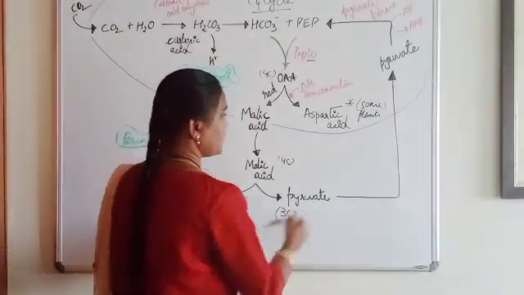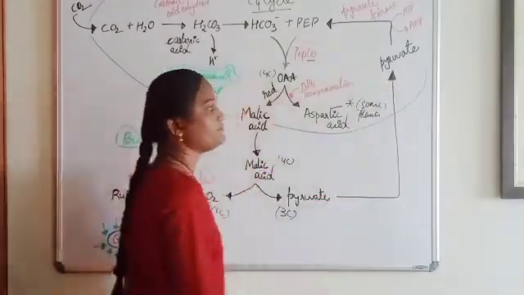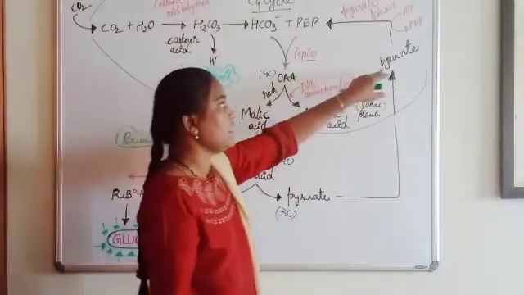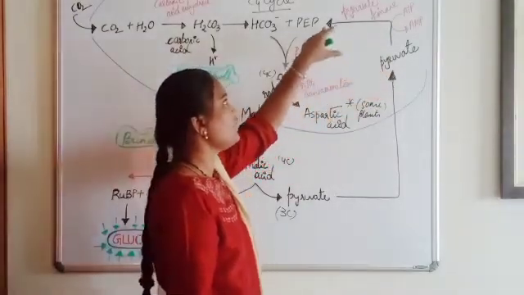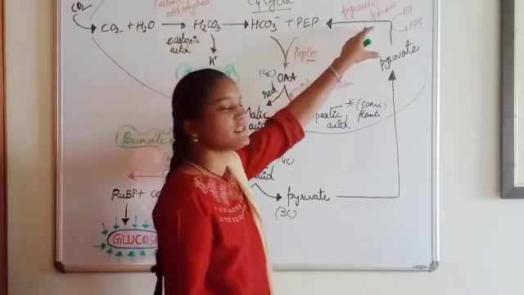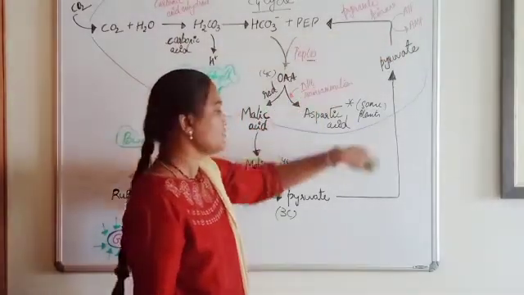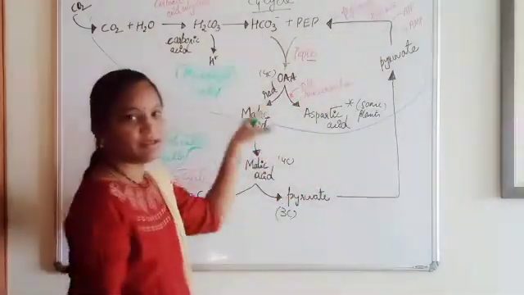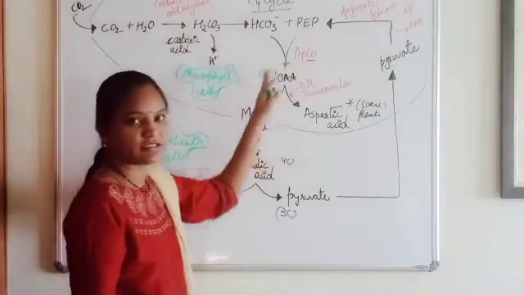Now this pyruvate will again enter into your mesophyll cells, and it will form phosphoenol pyruvate in the presence of the enzyme pyruvate kinase. So again the step repeats. This is your cycle.